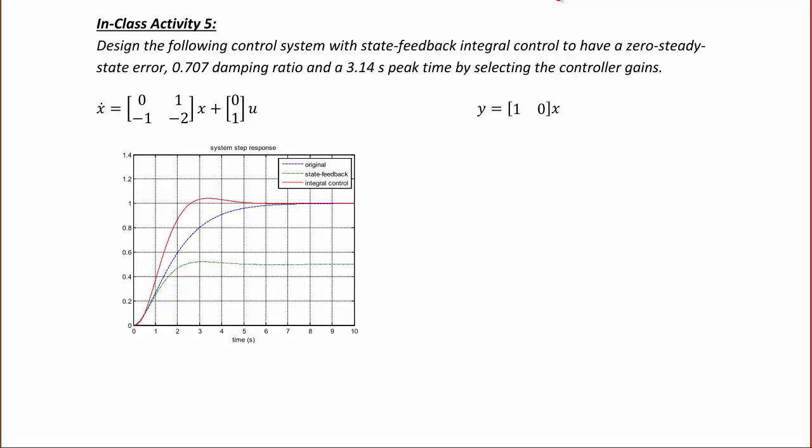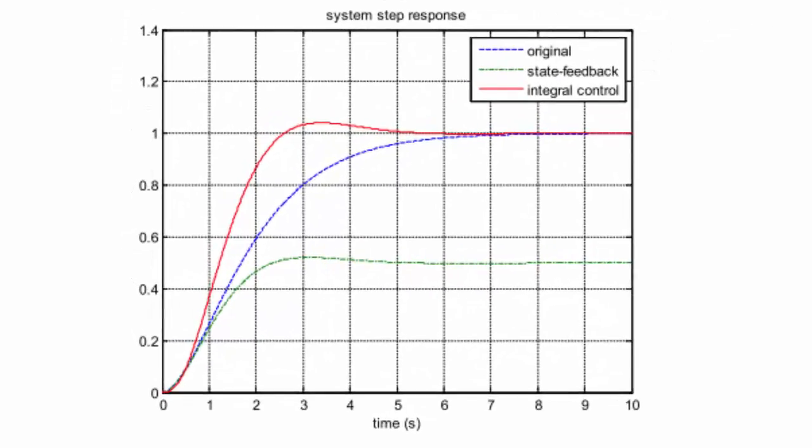So as before, let's look at the graph of the results first. We have an original system that actually does have 0 steady state error, but the time to peak is not 3.14 seconds. And the damping ratio is probably not correct either.